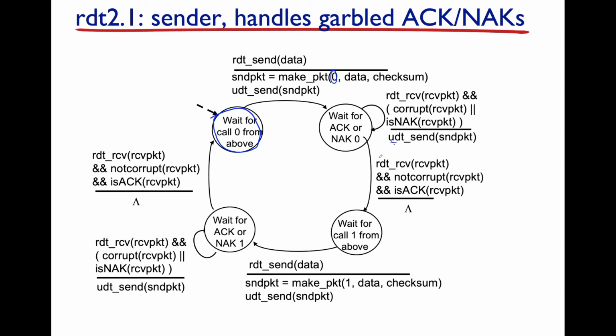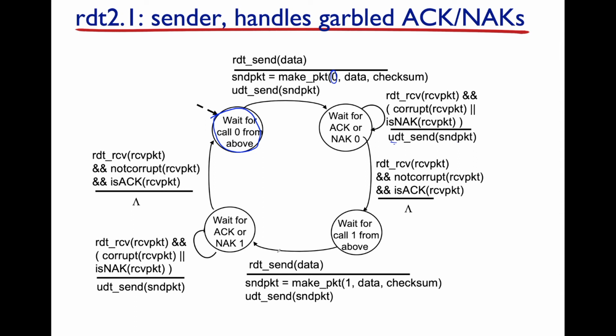The other edge transitions to wait for call 1 from above. That corresponds to getting the acknowledgement. So you have the event RDT receive, you get that packet. It's not corrupt, so the stored checksum and the calculated checksum are equal to one another, and you find that it is an ACK. So you transition now, waiting for a call for packet stamp 1 from above.